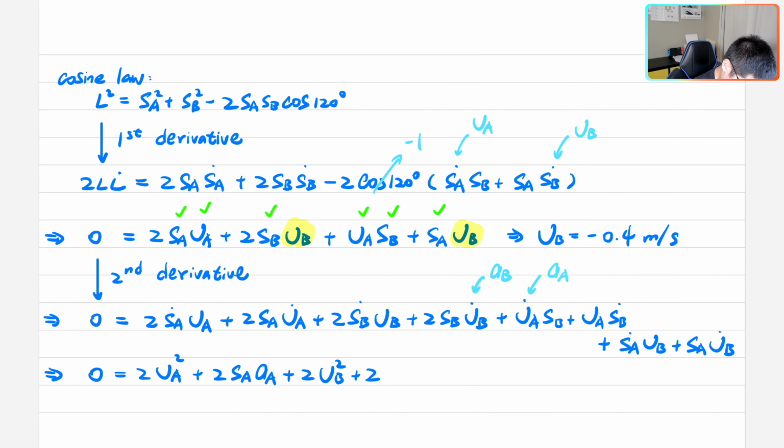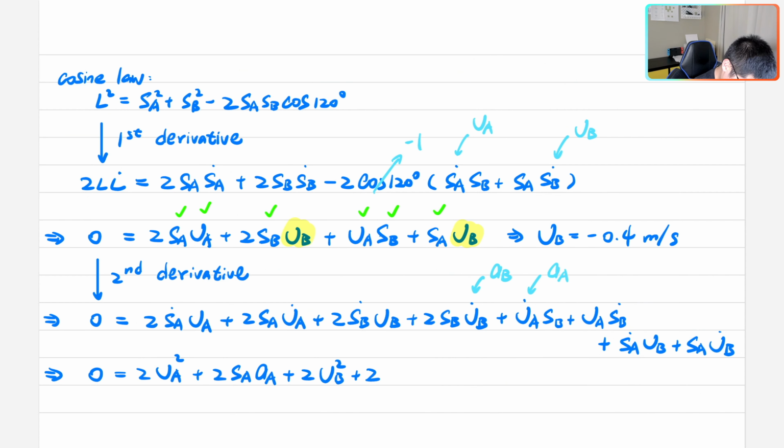I tried to match the position for everything. For example, the last term, SA VB dot, is the same as SA AB. SA dot is your VA, VB remains the same. SB dot is your VB, VA remains the same, etc. These two whole equations are exactly the same. The lower one is a simplified version of the top one. Now let's re-examine this equation here.